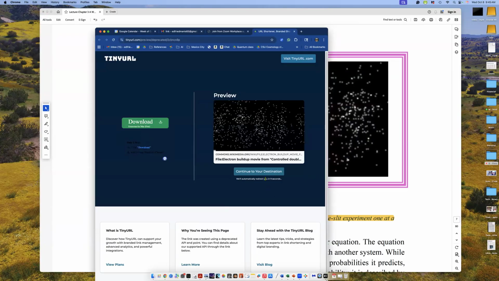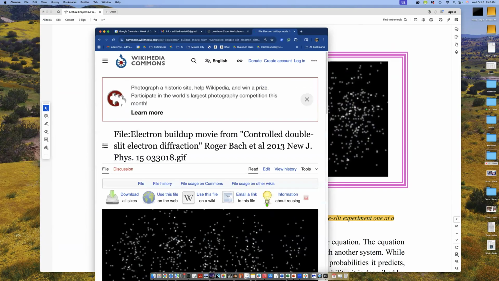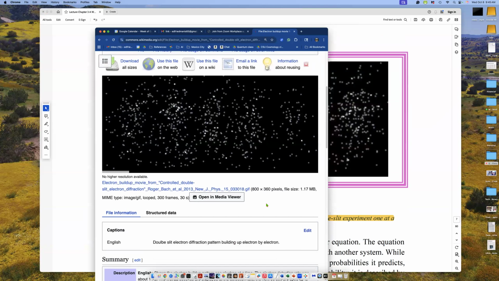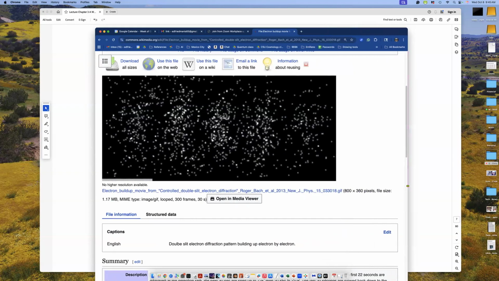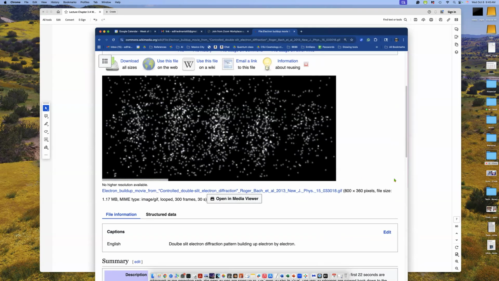Let me make this a bit bigger. Here it is, not an animation. This is a recording of a double slit experiment using electrons rather than light. And you see that individual events are occurring. Little dots are appearing everywhere.